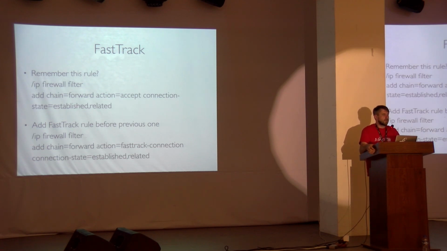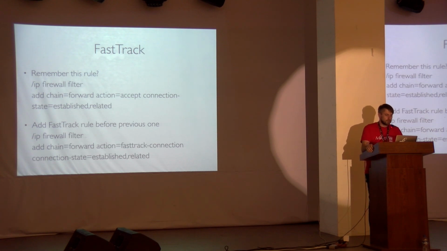If you have the default configuration, the router is processing all packets, and all packets are being accounted somewhere, and it takes some time and resources to process all those packets. By fast track, you can make some packets that you believe to be trusted go through a router in a much faster way.